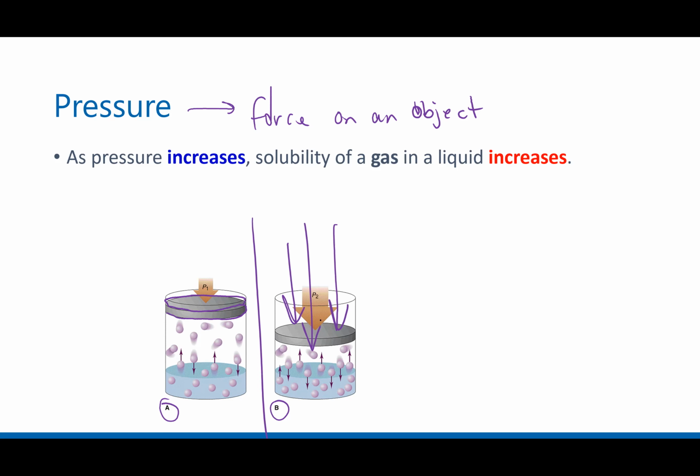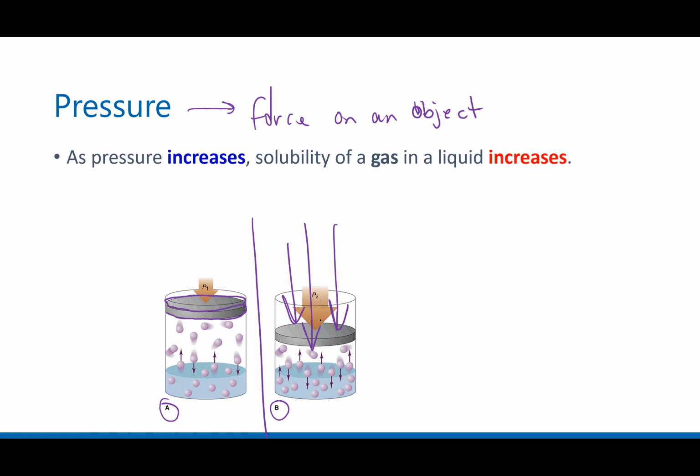So when the people are making your carbonated beverages, they're putting the liquid in, they're filling it with a bit of carbon dioxide, or a lot, and then they completely seal it off from the atmosphere. They do this under pressure.